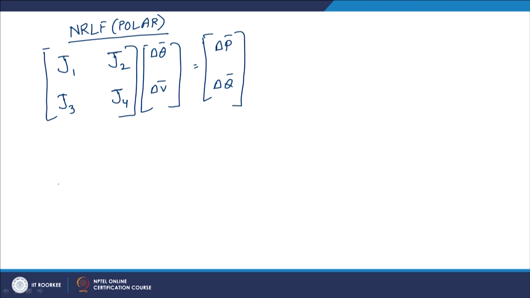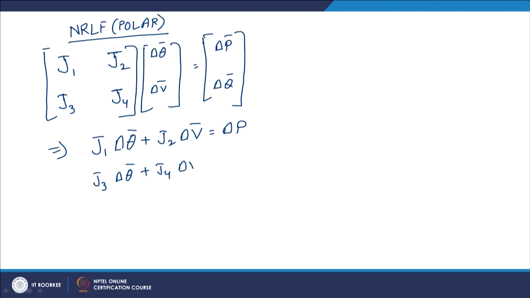Please note that J1, J2, J3, J4 are all matrices of appropriate dimensions. If we expand this, I get J1 into delta theta plus J2 into delta V is equal to delta P, and J3 into delta theta plus J4 into delta V is equal to delta Q.